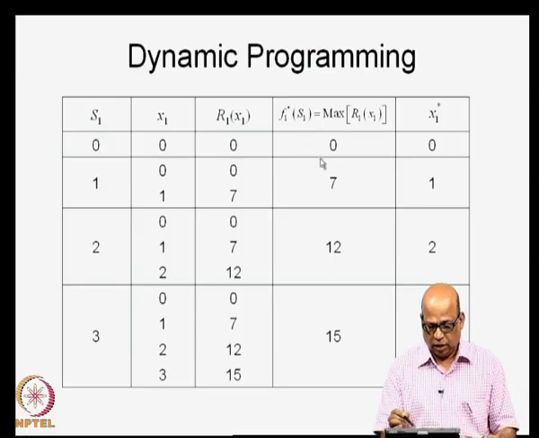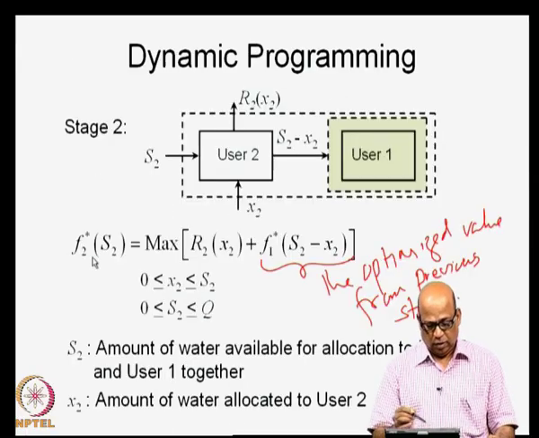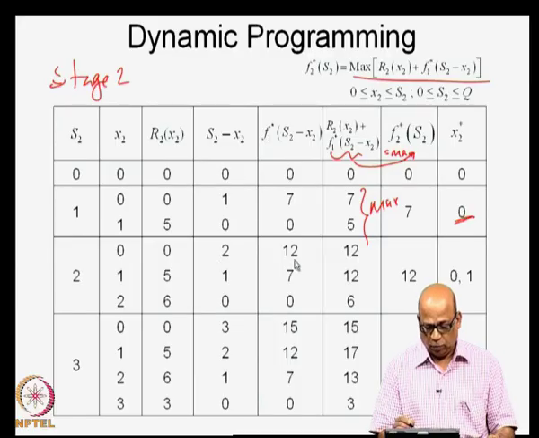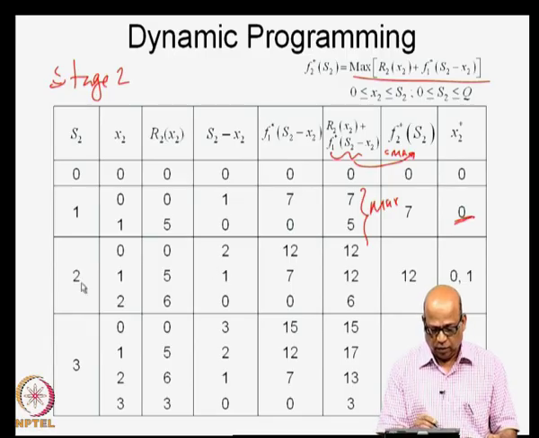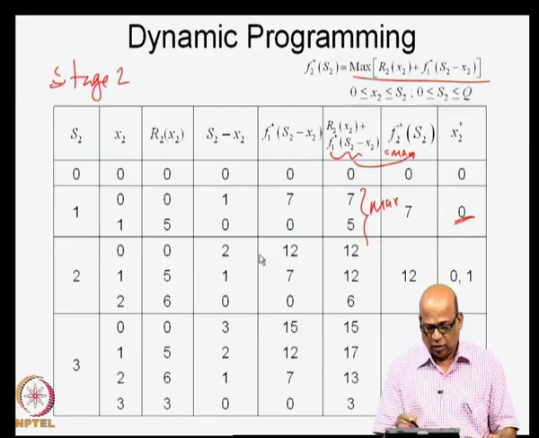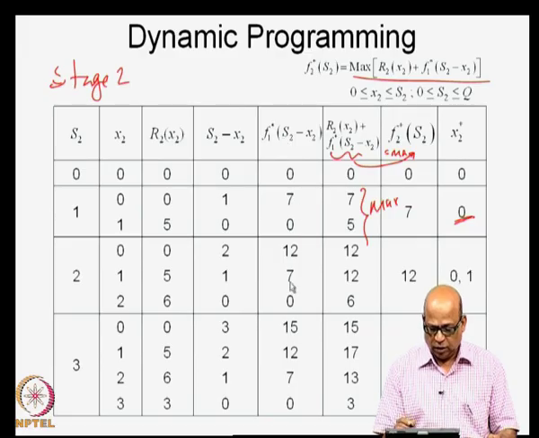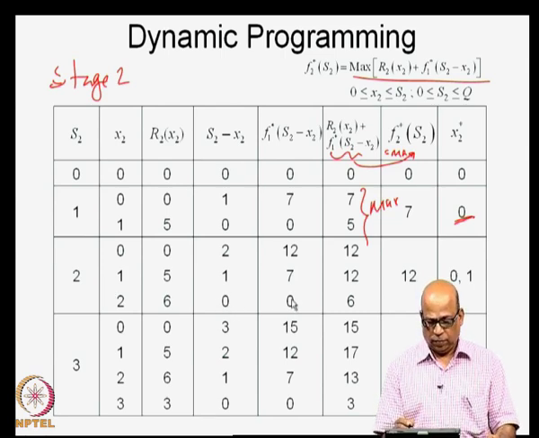So, you pick up that F1 star corresponding to a value of 2, and that is what you get, 12. And similarly, if you allocate 1 to user number 2, how much are you left with for user number 1? 2 minus 1, that is 1. And if you have 1 left there, the optimized value is 7. Similarly, if you allocate 2 here, then you are left with 0 here, 2 minus 2, 0, and you get an optimized value of 0 here.